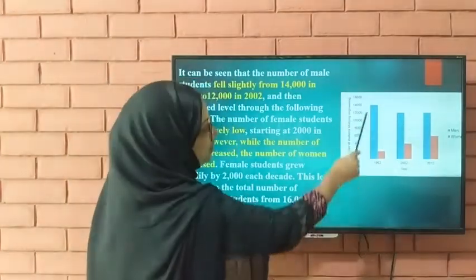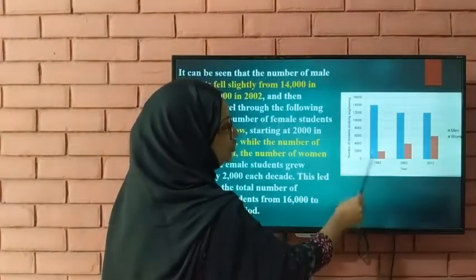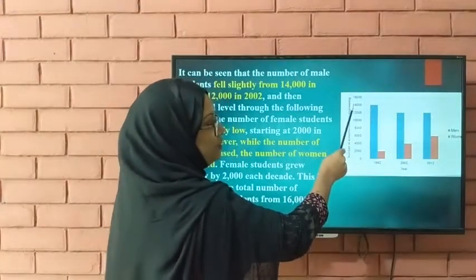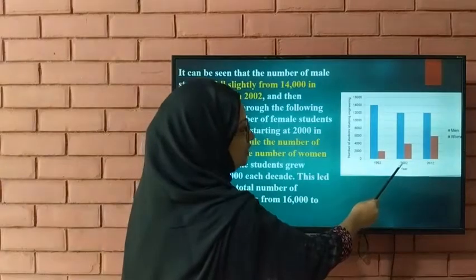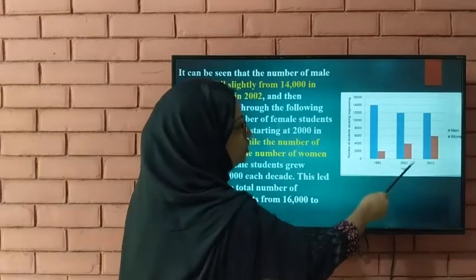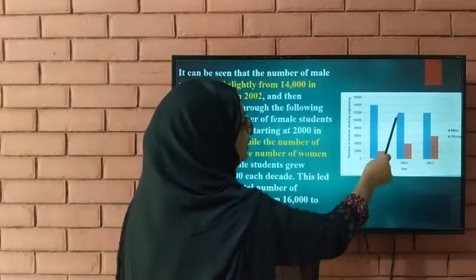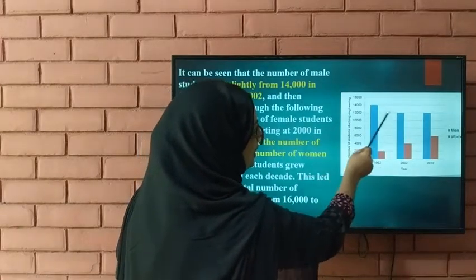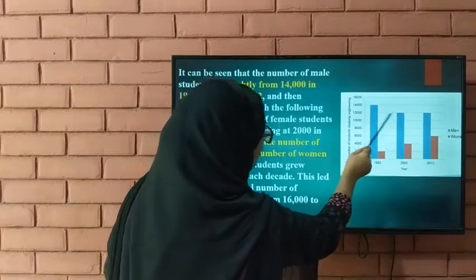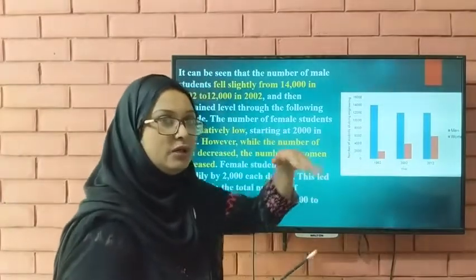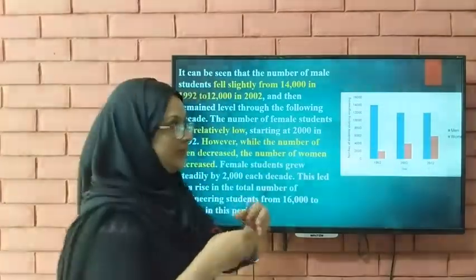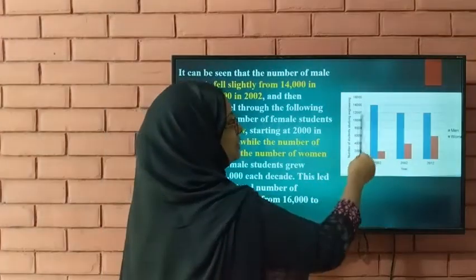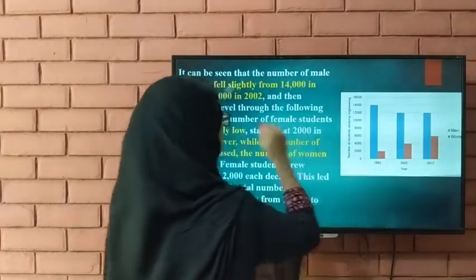If we just consider here, in 1992 male is 14,000 and in 2002 it is 12,000. So it slightly fell down. The data fell down, মানে একটু ডিক্রিজ হয়েছে, তাই না? প্রথমে 14,000 ছিল, সেটা 12,000 হয়েছে 2002 সালে.